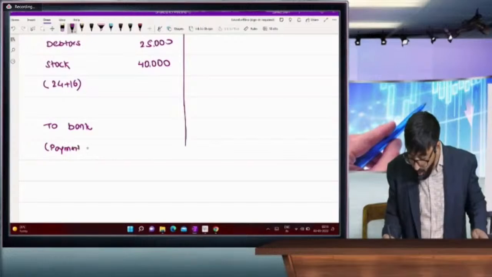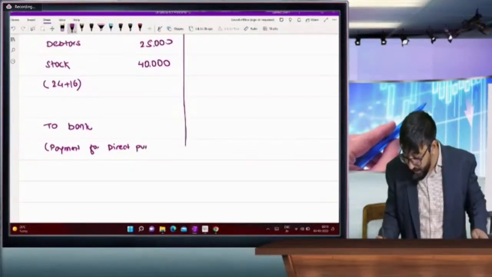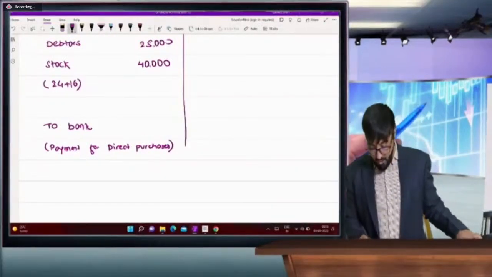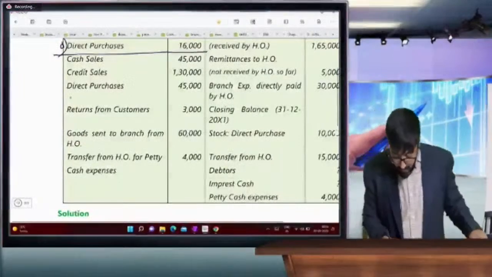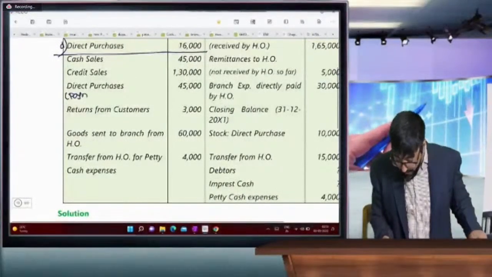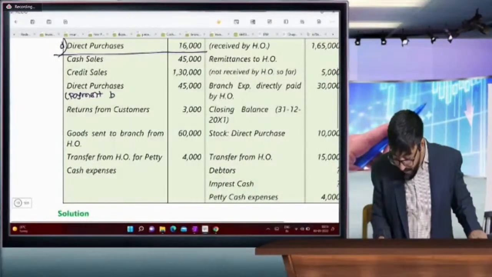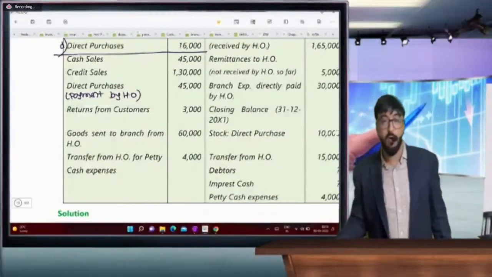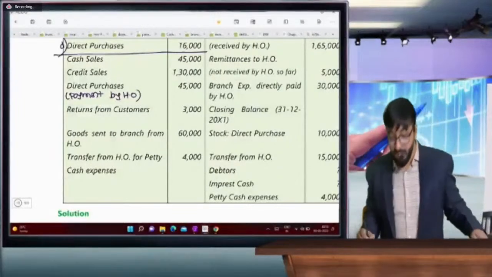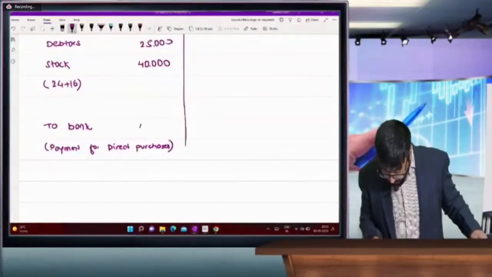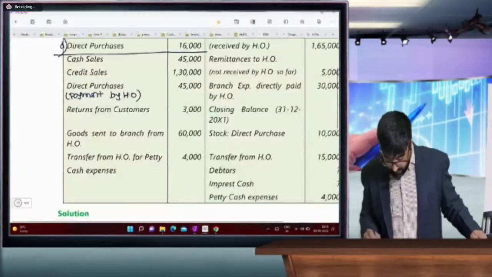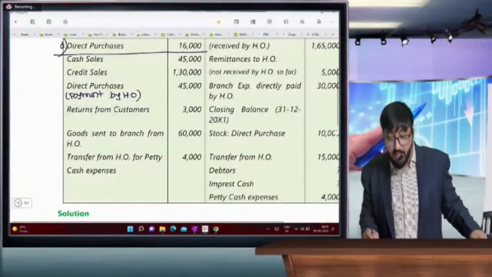That sentence is given, no? Direct purchases made by branch and payment made by HO. So here, direct purchase, you can write payment by HO. Who made the payment for direct purchase? HO made the payment. How much? 45,000.